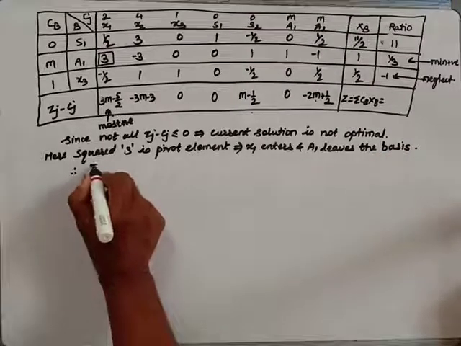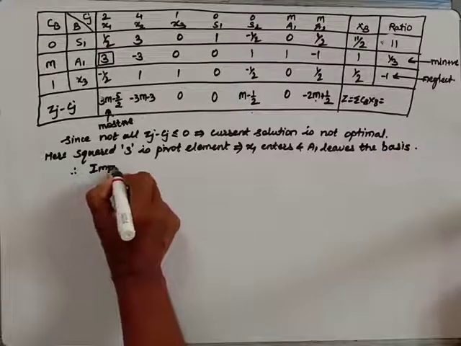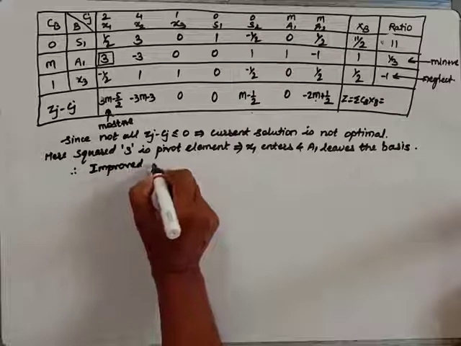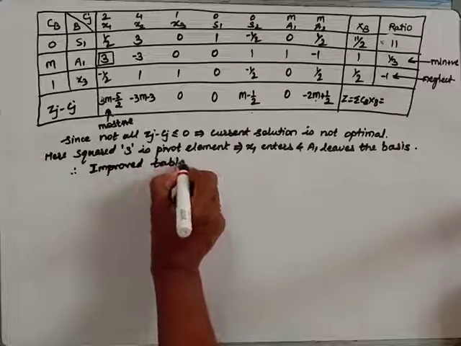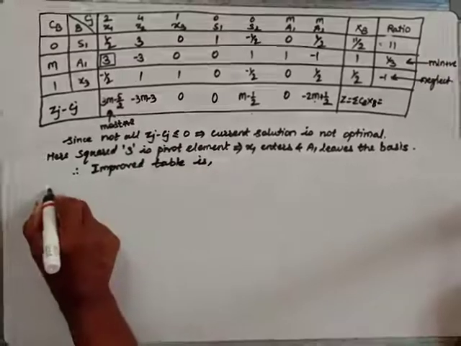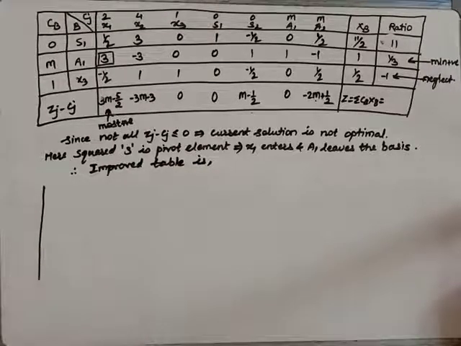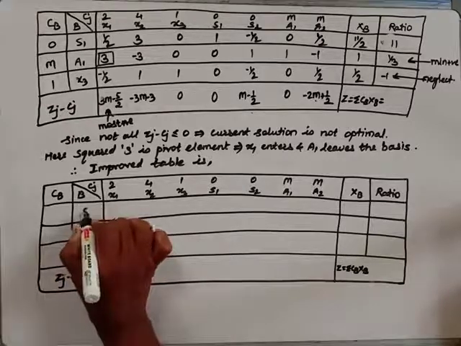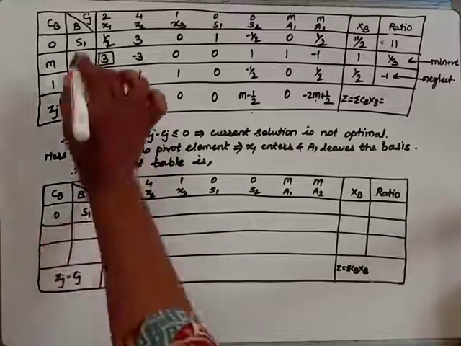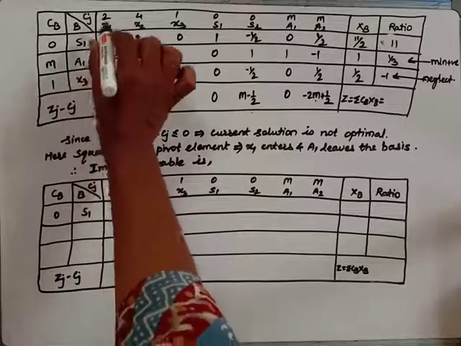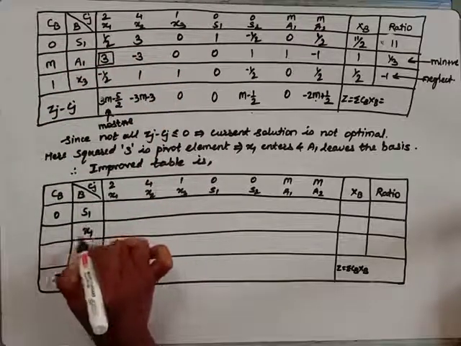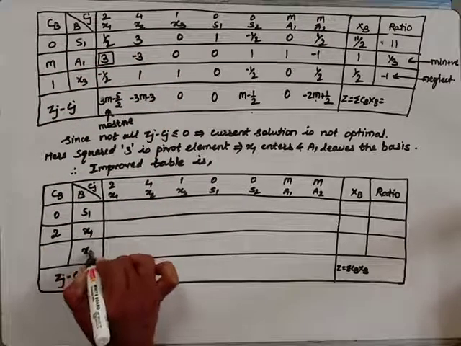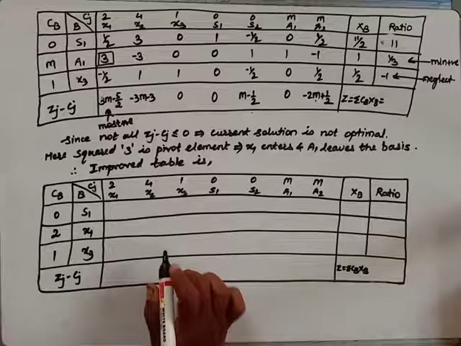Therefore, the improved table is. So now in improved table, this S1 is as it is, having a coefficient 0. This A1 is replaced by X1, having a coefficient 2. This X3 is same, having a coefficient 1.